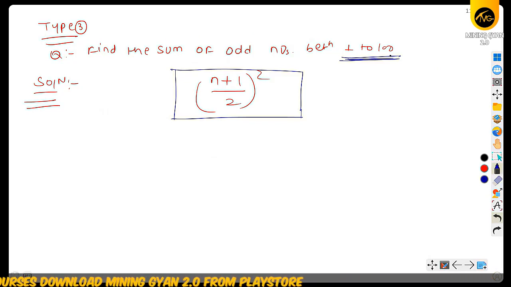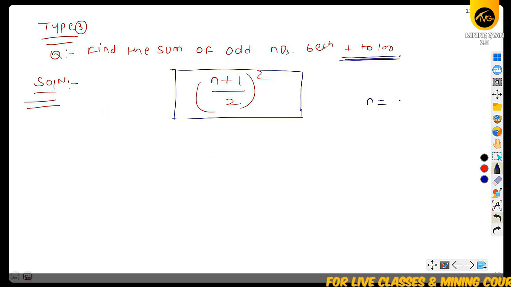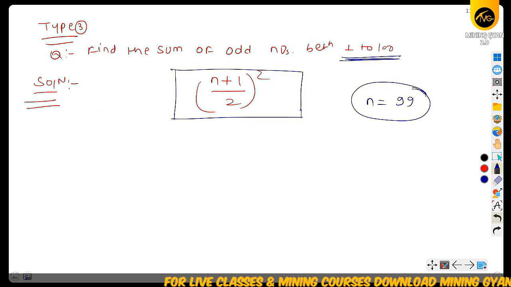So 99 is the highest odd number between 1 to 100. So in this case we just put 99 as n. So n is 99, not 100. Just remember this portion in this question.